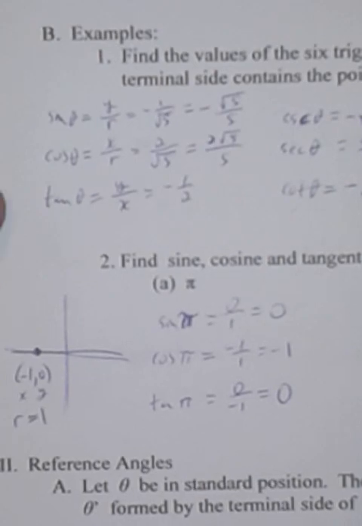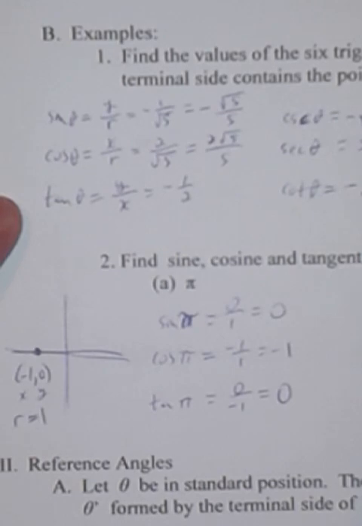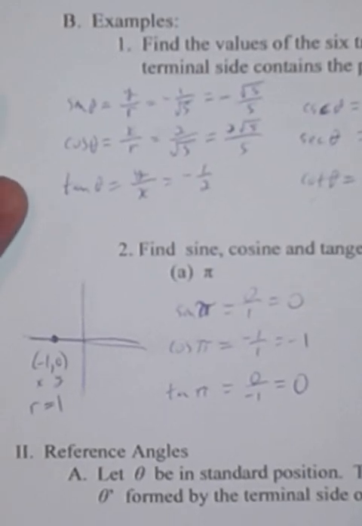Notice, sometimes you get undefined values when one of the values of x or y is equal to 0. And I'll leave letter B, which is 90 degrees. We're going to find sine, cosine, and tangent, and you would approach it in the same manner as I just did the sine, cosine, and tangent of pi.